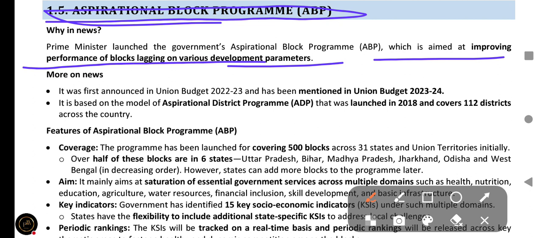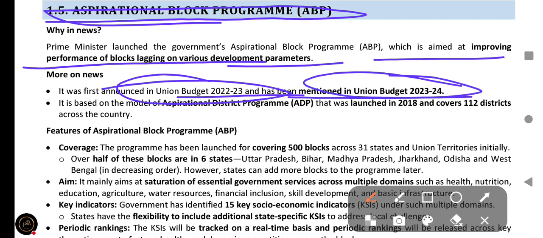More on news that it was first announced in Union Budget 2022-23 and has been mentioned in Union Budget 2023-24. So you can remember Union Budget 2022 announced the aspirational block program introduced by the government and it has been mentioned in Union Budget 2023-24.